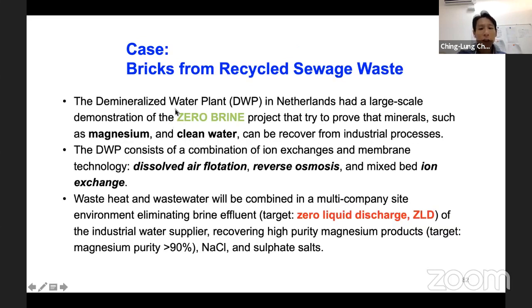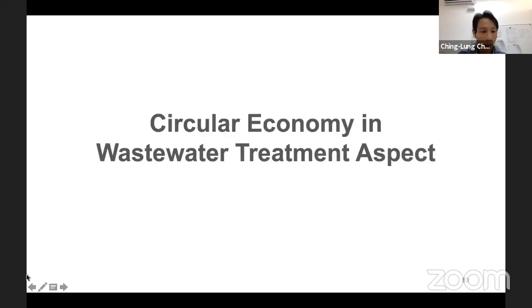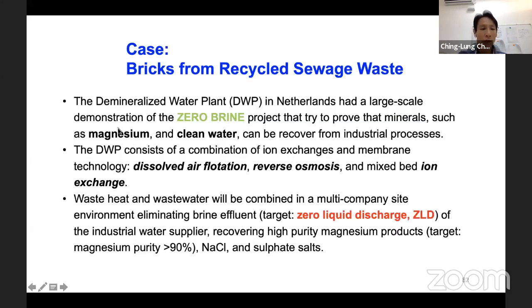In the Netherlands, there is a large-scale demonstration of the zero brine project that tries to recover minerals such as magnesium from the water. They try to recover some of the magnesium and then sell it into the market.